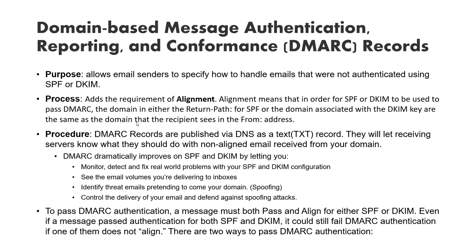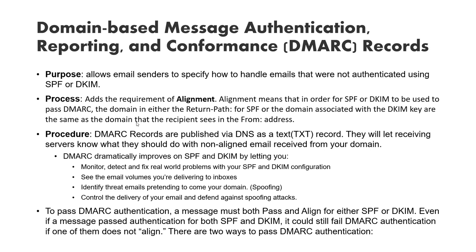The procedure is that those DMARC records are, again, published via DNS as a text record, and they let the servers know what they should do with non-aligned email received from your domain. So it dramatically improves both of those by letting you do several things. It lets you monitor and detect real-world problems with your SPF and DKIM configuration, right?